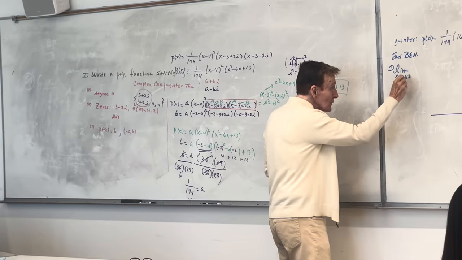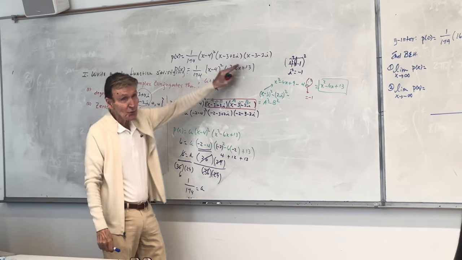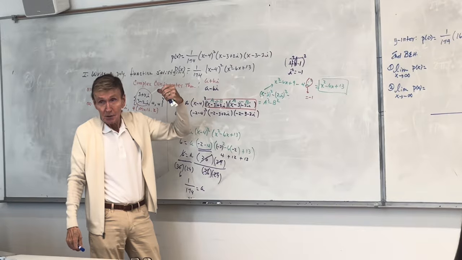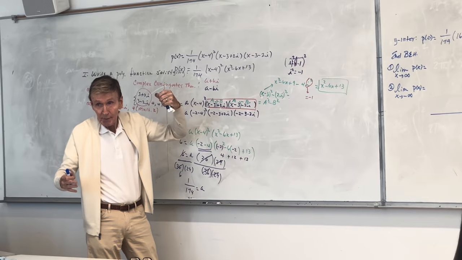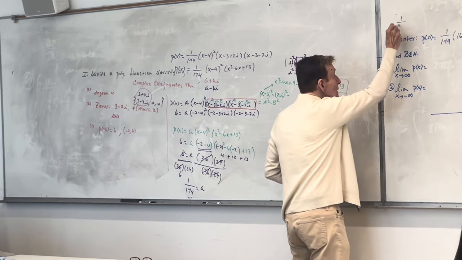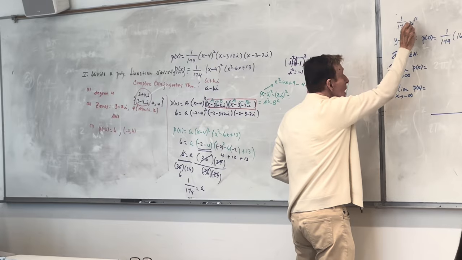If you expand this out, is there an x to the 4th coming out for the first term? With that coefficient, 1 over, what was it, 174? Okay, 1 over 174 x to the 4th. And that's what my end behavior would depend upon.